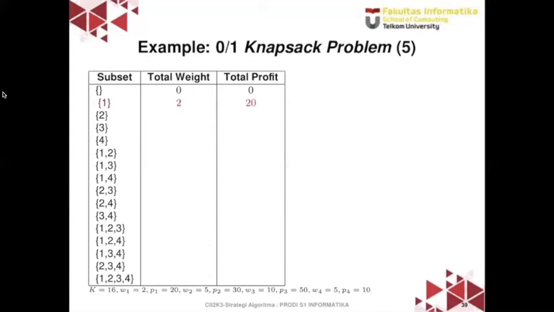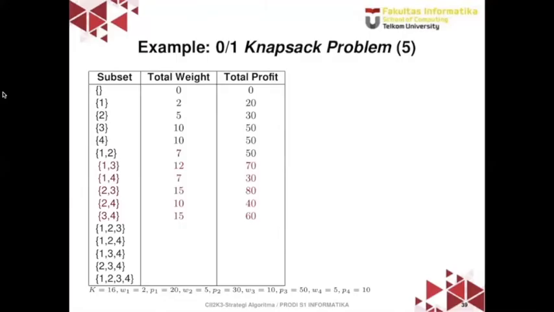profit we have. And similar with others. And if we put two items, 1 and 2, then the total weight will be 2 plus 5, which is 7. And the total profit will be 20 and 30, which means the total one is 50. Similar with others too.